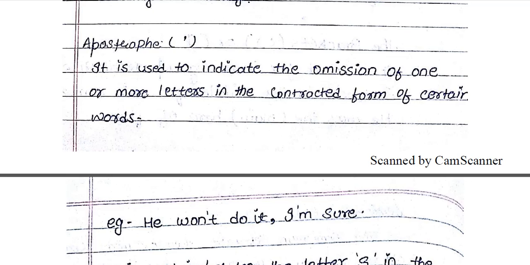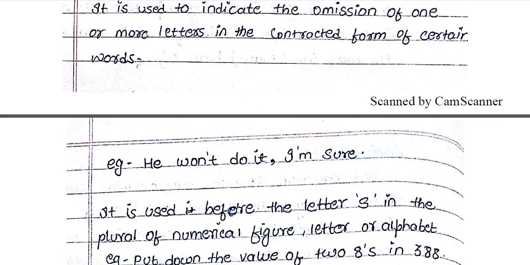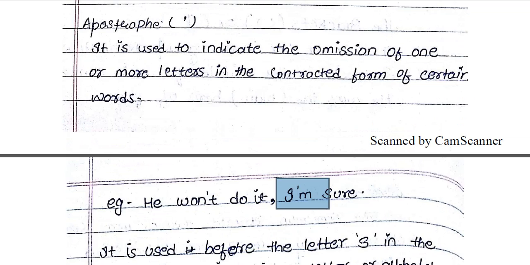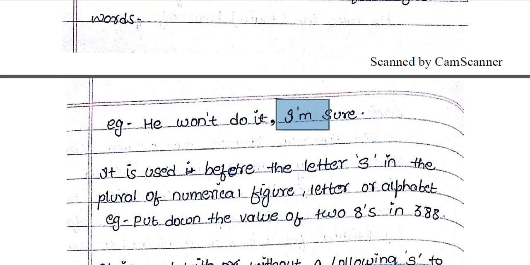It is used to write it in short form. For example, he won't do it, I'm sure. Here won't and I'm sure, won't, would not, and I am is written in short form by contracting it with the help of apostrophe. Okay.